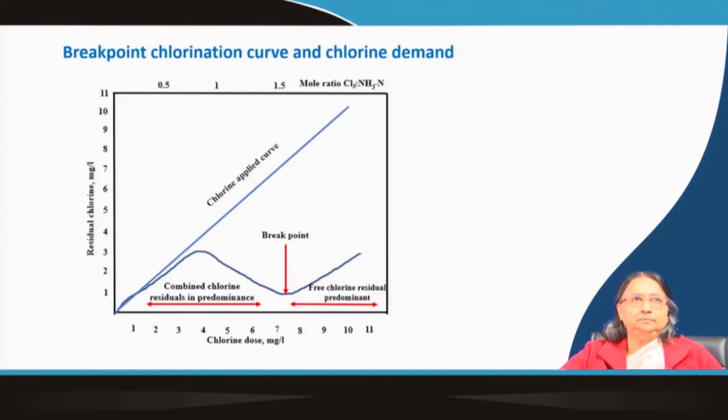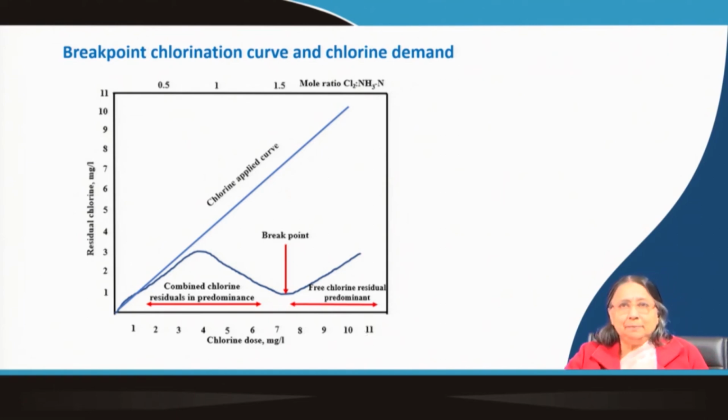Now, this is a very important curve, the breakpoint chlorination curve and chlorine demand. Here you see the residual chlorine, and this curve we can get experimentally. This is the residual chlorine and this is the applied chlorine dose. We vary the chlorine concentration, keeping a contact time of say 15 or 20 minutes.